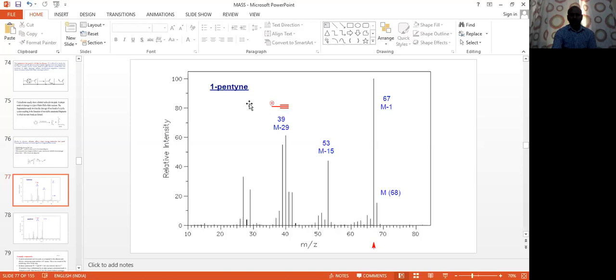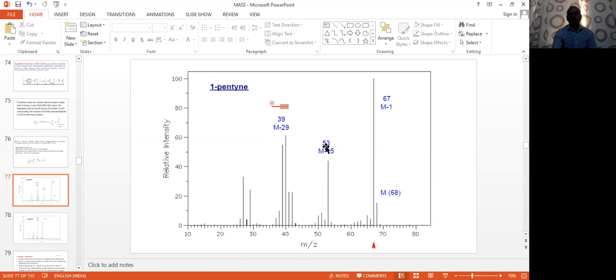From this pentyne, 2 carbons are removed as CH3 and CH2. CH3 single bond CH2, the mass loss will be 29. So from 1-pentyne, CH3CH2 is removed as a radical, and you have the propargyl cation. Whereas here, one of the CH3 is removed as minus 15.